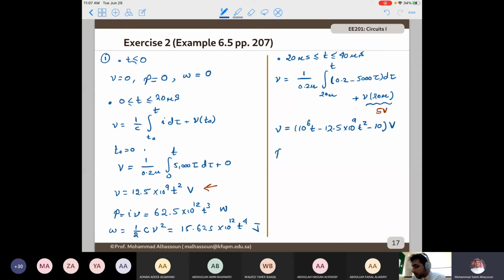For the current, for the power, it will be again the current multiplied by V. I multiplied by V, so it's going to be the V and divided plus V. I believe this one is 5.